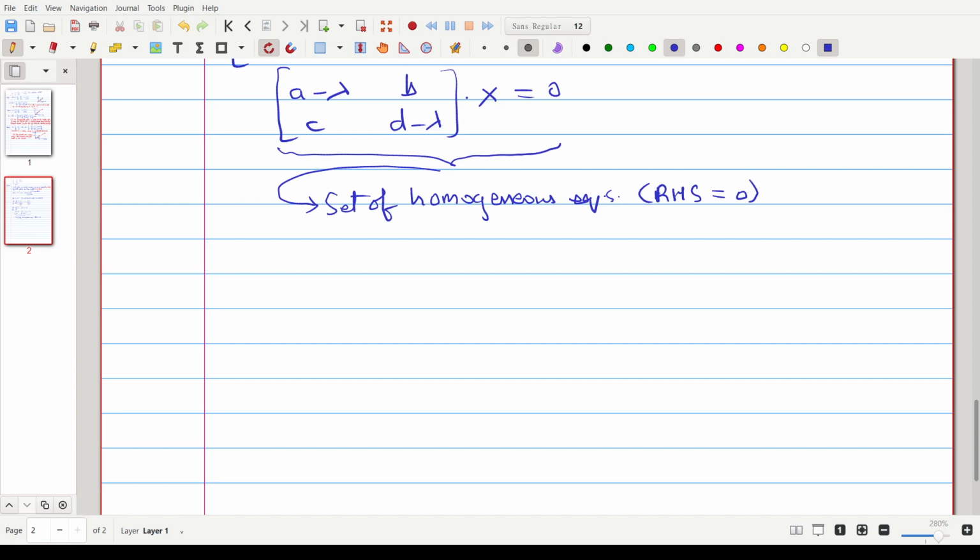Now we come to the theory of linear algebra and notice a few things.